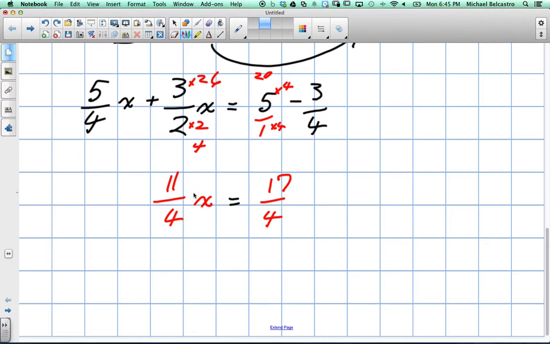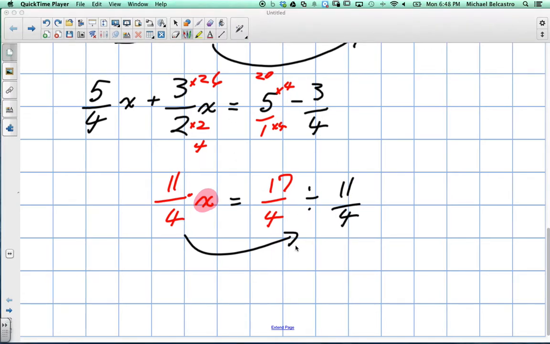The goal is to get x by itself. Highlight our x here. We need to get x by itself. So because this is times 11 over 4, over here we need to divide by 11 over 4. Okay? So in order to move this, we're going to divide by 11 over 4. So tough numbers.